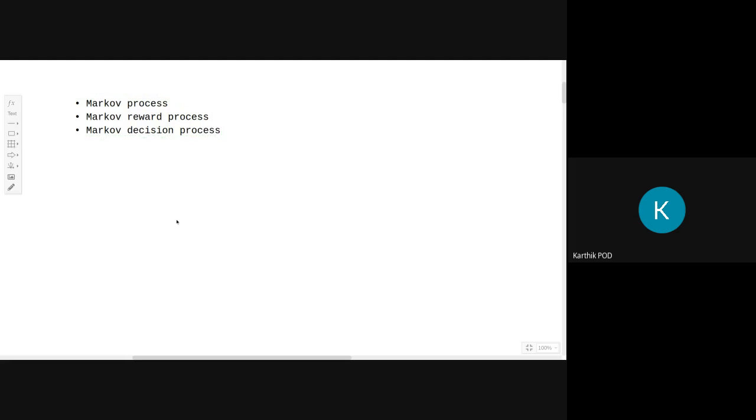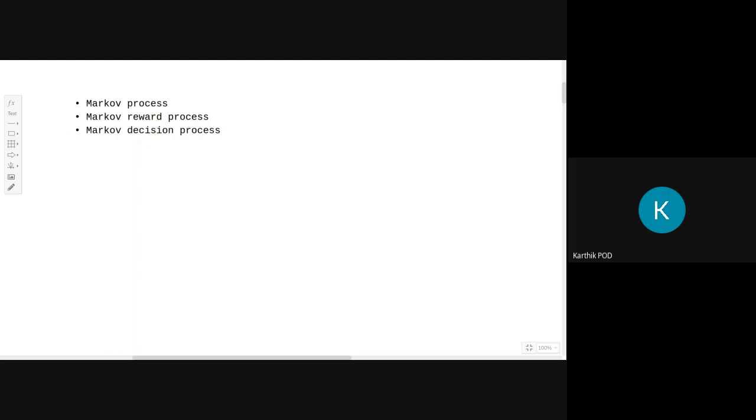So these 3 are kind of very interesting because in the case of Markov decision process, you have states and you have to choose actions from those states and you will get rewarded based on what actions you choose. Whereas in the case of Markov reward process, you don't have the notion of actions.